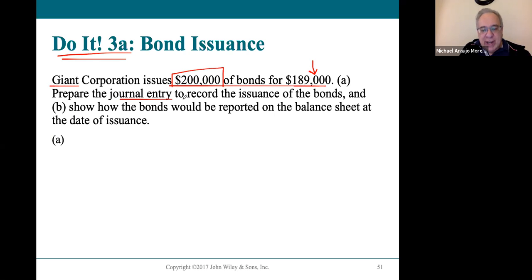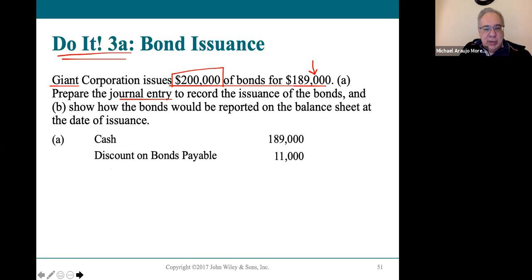So what's the journal entry look like? Well, the journal entry is going to be $189,000 of cash for $200,000 worth of bonds. The $11,000 difference is the discount. That's going to increase the cost of borrowing money because they were able to raise that much cash, but they owe that much back.